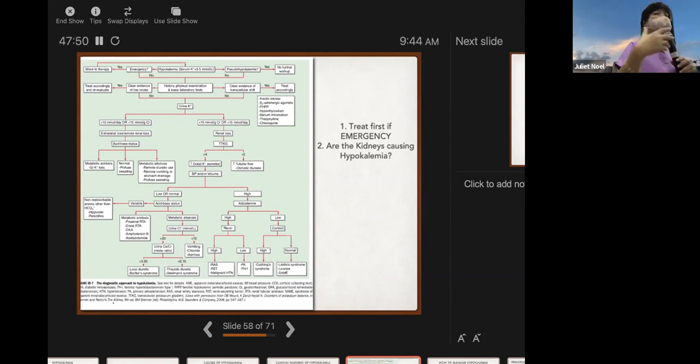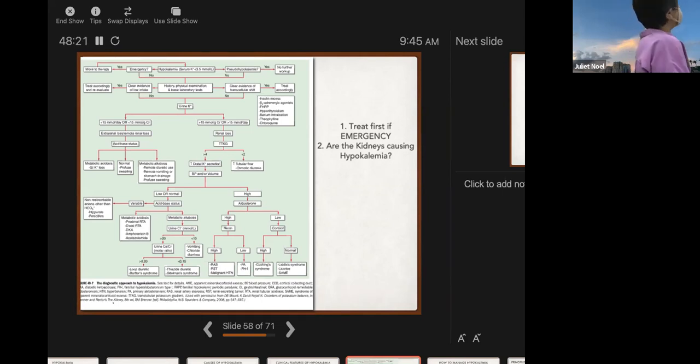If despite hypokalemia you have high potassium in the urine, you can automatically think that the kidney is the cause of the hypoK. So that's the reason why urinary potassium should be tested. If you cannot get a clue from your history and PE, then you can differentiate the extrarenal and renal by getting a urinary potassium.